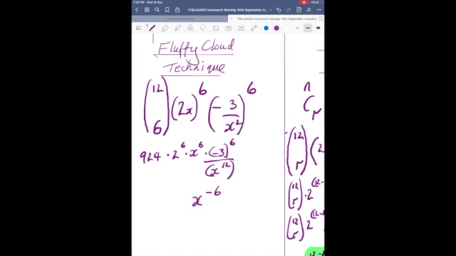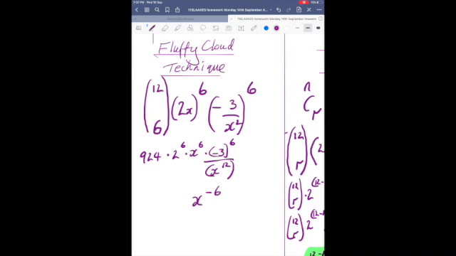924 times 2 to the 6 times negative 3 to the 6. I didn't put in the brackets for the negative 3. It's a common mistake. Let's try that again: 924 times 2 to the 6 times negative 3 to the power of 6.